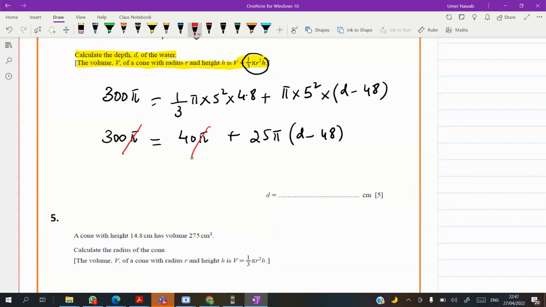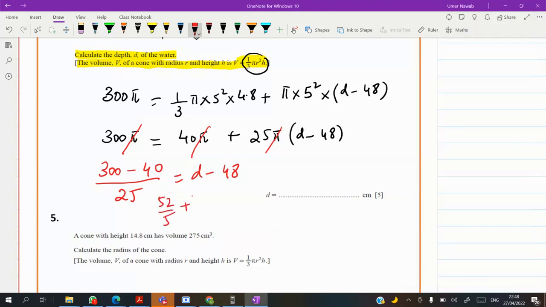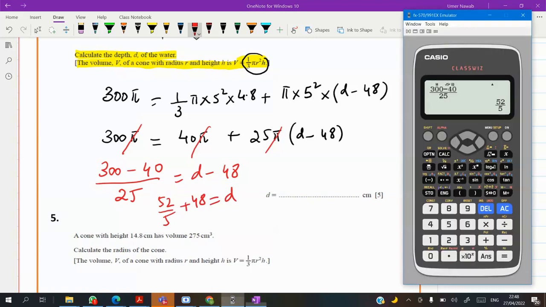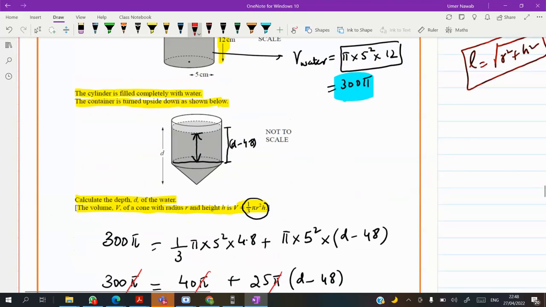Pi and pi cancel, so 300 minus 40 divided by 25 is equal to D minus 4.8. So 300 minus 40 over 25 gives me 52 over 5, plus 4.8 is equal to D. It gives us 15.2. That is the question.